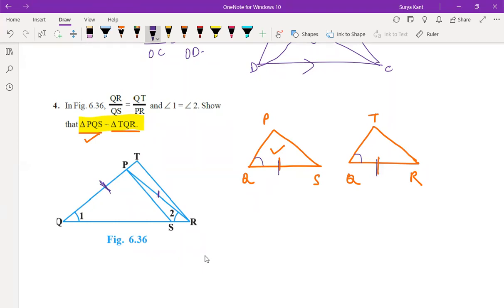So by which similarity can we prove these two triangles, children? Tell me. QR by QS is equal to QT by PR. QT and PR, how are they comparing here? Anyone having a clue how we can show this in the diagram?